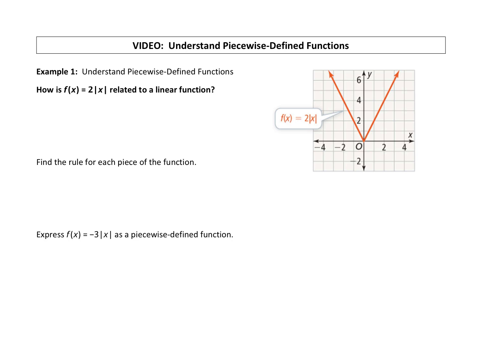So what we're going to write in our notes, how is it related to a linear function? The graph has two pieces that meet at the vertex. Each piece is part of a line. That's how it's related to the linear function.